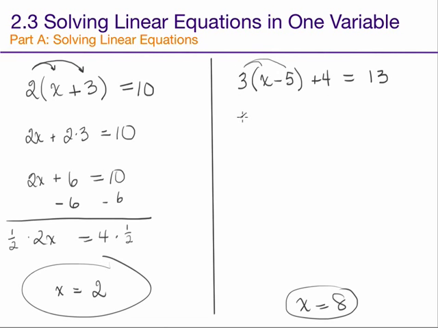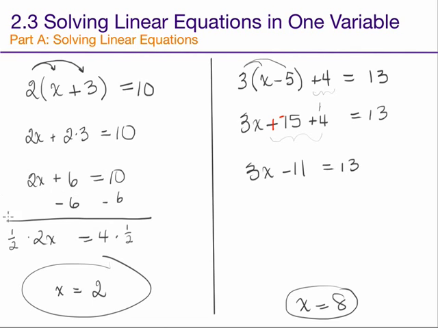3 times x is 3x minus 3 times 5 is 15 plus 4, just because I don't want to forget it, equals 13. Combining like terms gives me 3x minus 11, because negative 15 plus 4 is negative 11, equals 13.